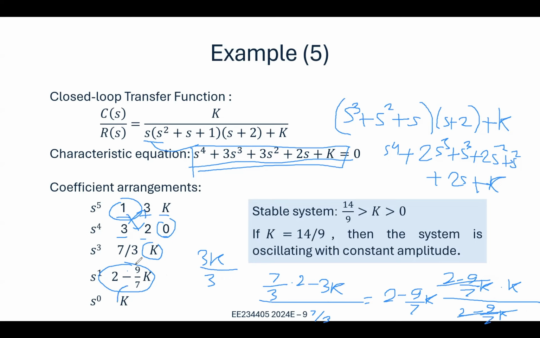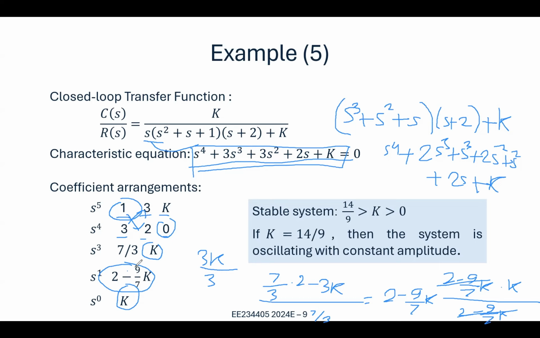So what can we say? Well, for the system to be stable, we can see that all of the first column coefficients have to be more than 0.